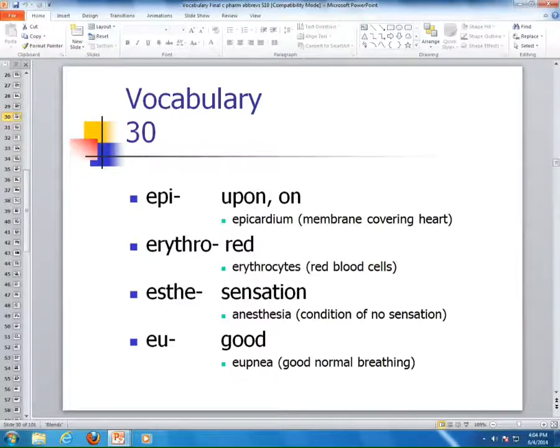Next to this you can also put well or even true as other meanings of eu. You'll hear it said that we are eukaryotic organisms because we have cells with a true nucleus. If you give a eulogy, you give a good word, right? So we see this eu term, or eupnea would be good or normal breathing.